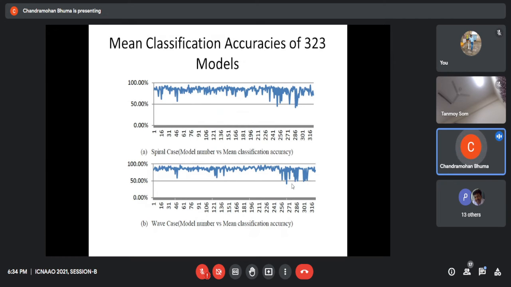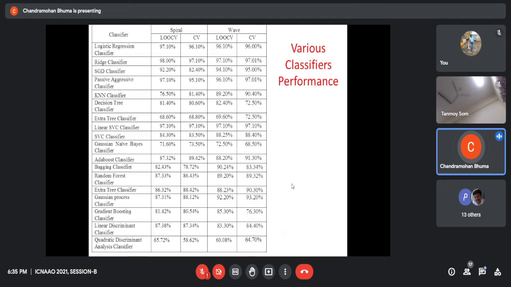This is for both the spiral case and the wave case. I've tested almost 20 plus classifiers like logistic regression, Ridge classifier, stochastic gradient descent classifier, KNN classifier. These are various classifiers available in machine learning terminology.